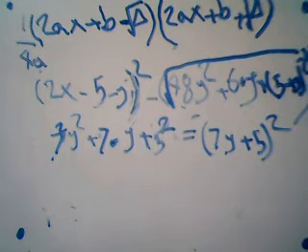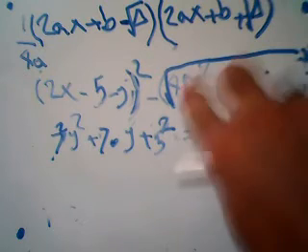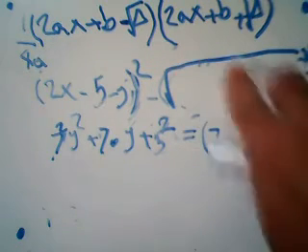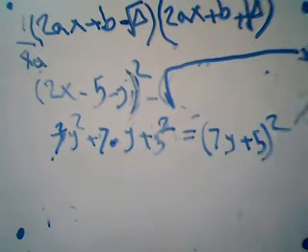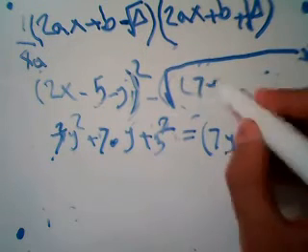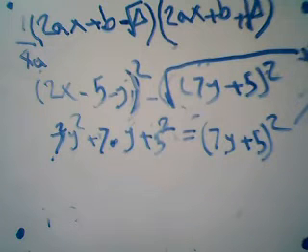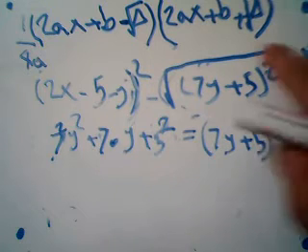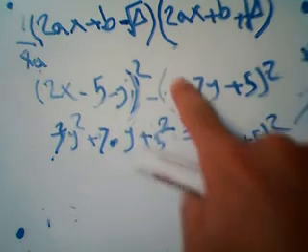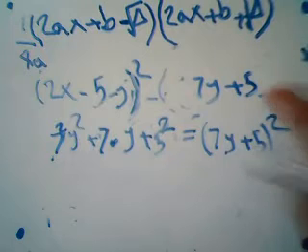So let's write it here. Seven y plus 5 squared. And just get rid of the radical like this.